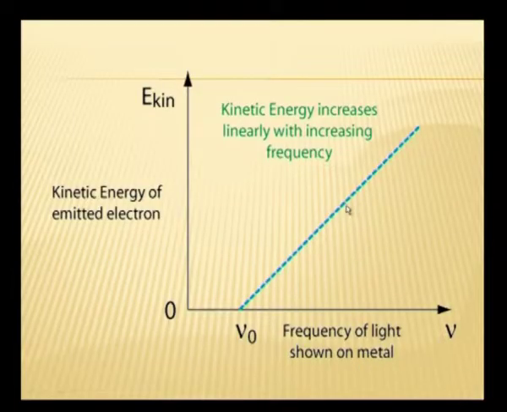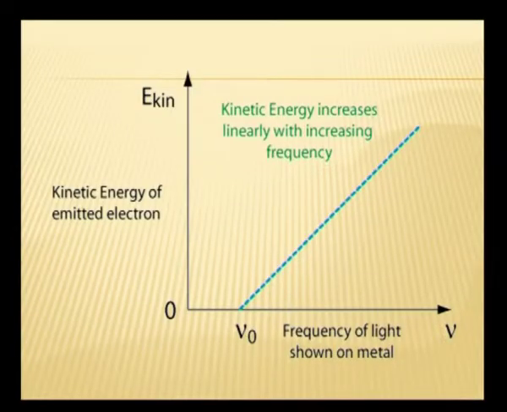Then let me ask the question, I have been talking about only the frequency. Supposing for this frequency, I will take an arbitrary frequency, instead of having light of a particular intensity, if I increase the intensity, what will happen? The experiments which were conducted showed that when you increase the intensity, more number of photoelectrons are coming out.